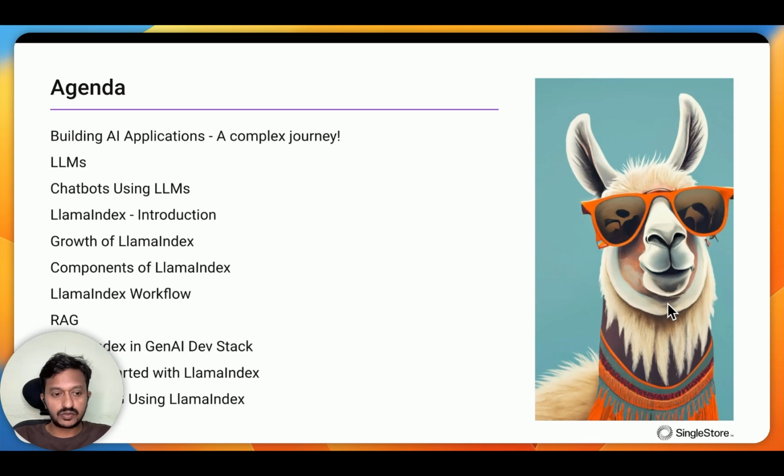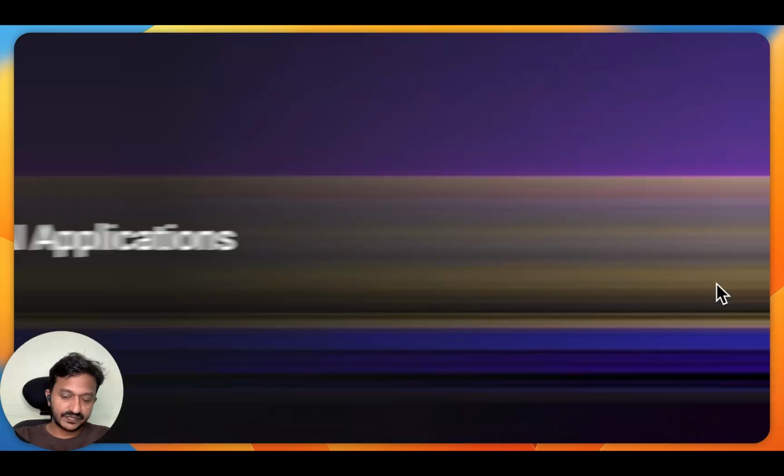We will also talk about where LlamaIndex fits in the GenAI dev stack, and how to get started with LlamaIndex. And at the end, I have a simple demo to show you how we can build simple RAG systems using LlamaIndex. So that's it. Let's get started.